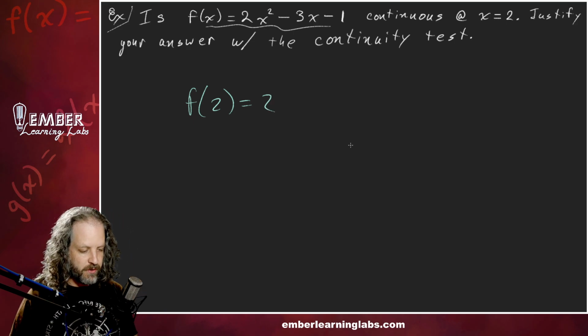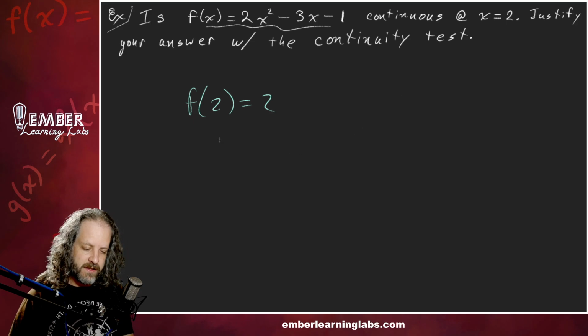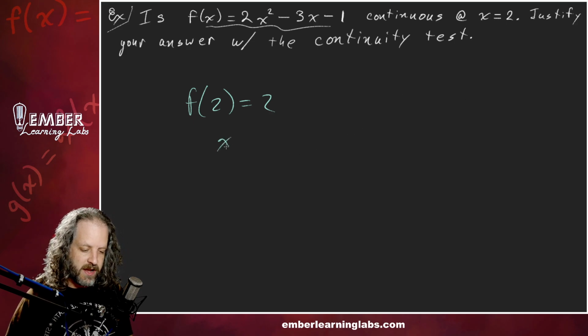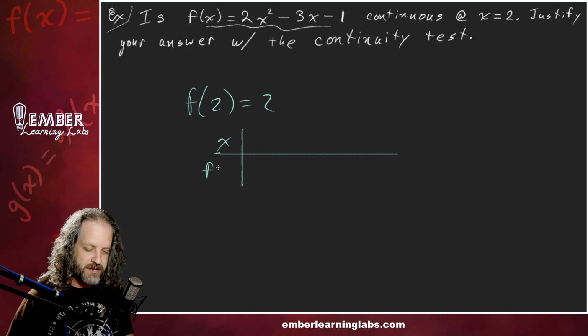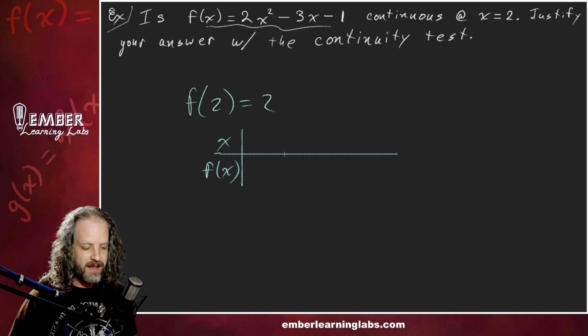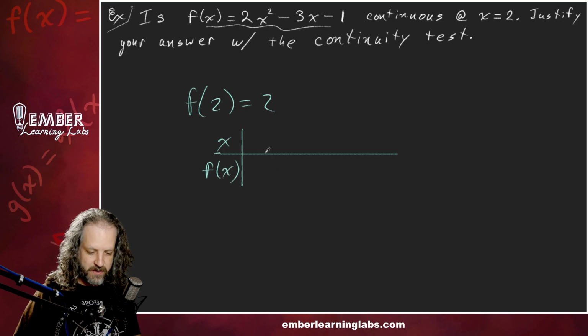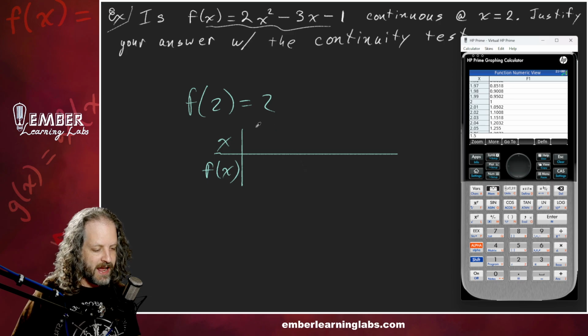And then from the table, the second bit, we could write our table so we show that we've done something. We can make a little table of values, and we could put in a handful of things.